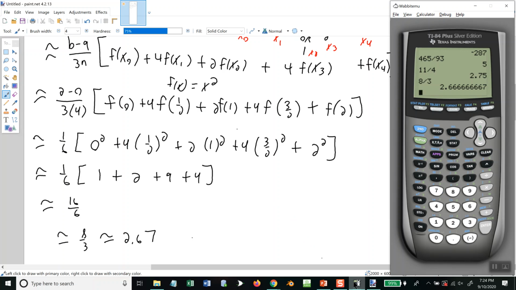Now I couldn't tell you what this is doing, but when I come here and I put x squared in, and we do the second trace, and we choose number 7, it asks us for our lower limit. You put 0 in, press enter. You put in your upper limit 2, press enter.